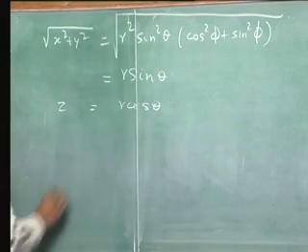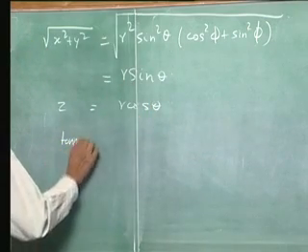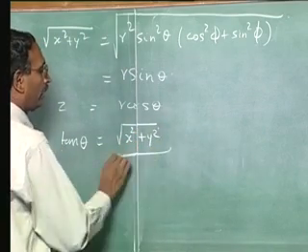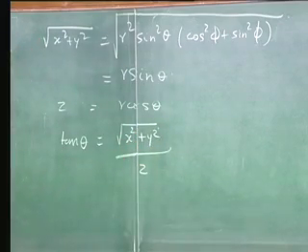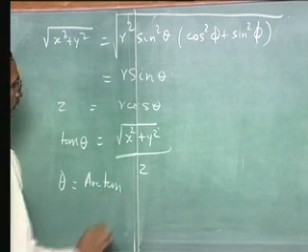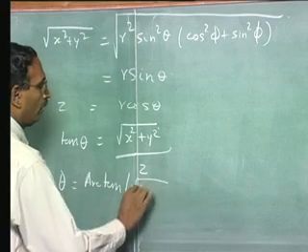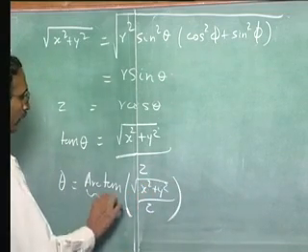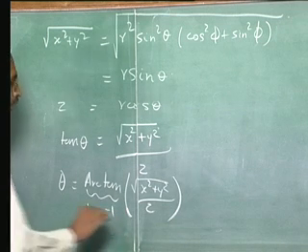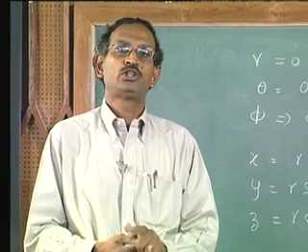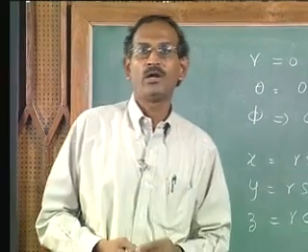Therefore, the ratio of these two gives you tan theta, which is square root of x square plus y square by z. Therefore, theta is tan inverse of square root of x square plus y square by z. Okay.